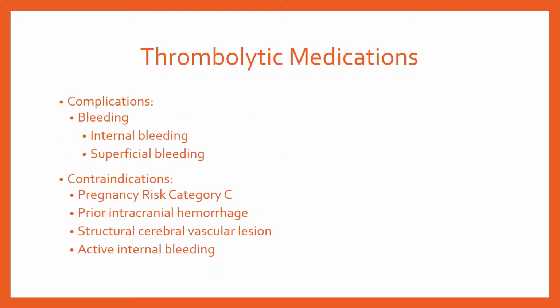Complications: bleeding. This is serious. Sites of internal bleeding are your GI, GU tracts, and cerebral bleeding. Superficial bleeding sites are your wounds, your IV catheters, and insertion sites. So you have to be careful with these patients, because now that we are thinning the blood and dissolving these clots, they are going to be more at risk for bleeding. Contraindications: pregnancy risk category C, prior intracranial hemorrhage, structural cerebral vascular lesions, or active internal bleeding.